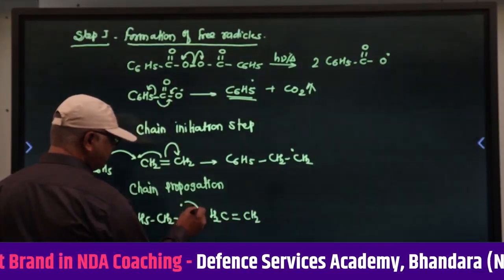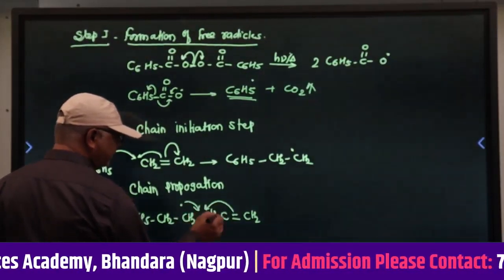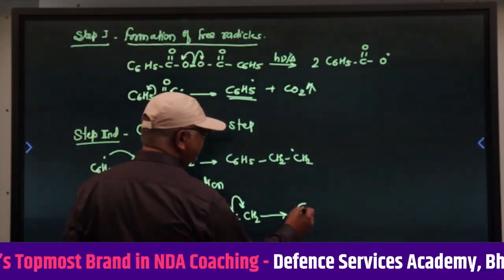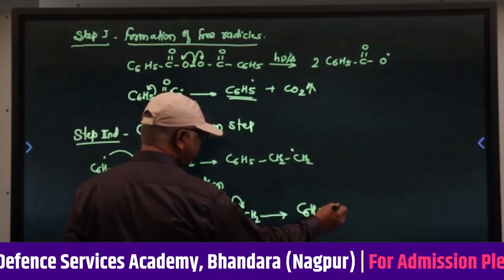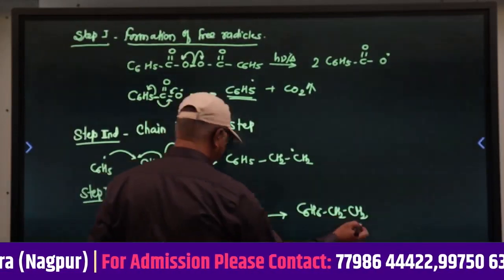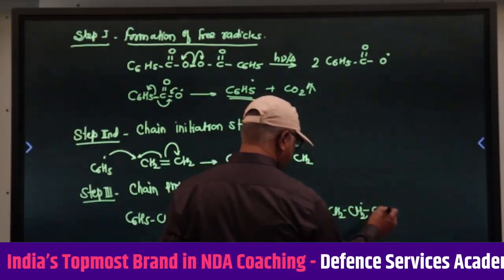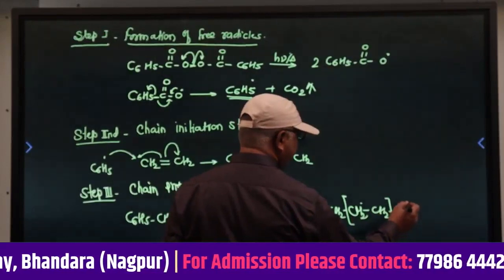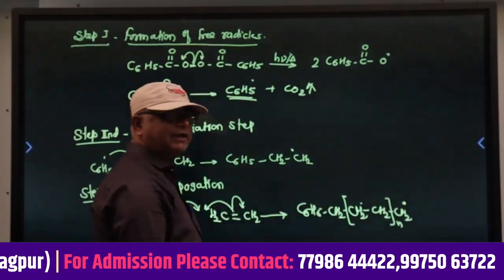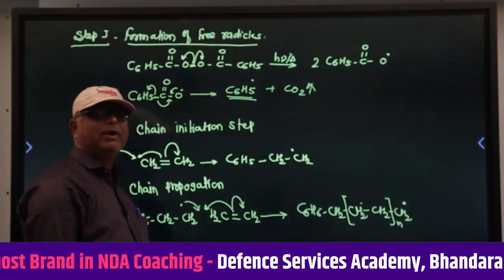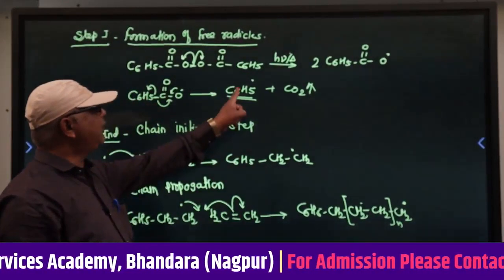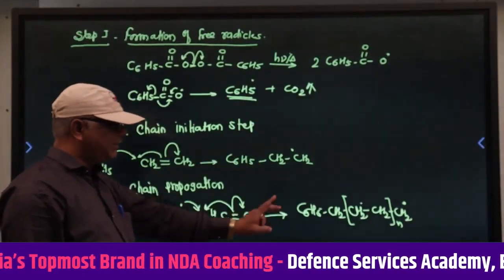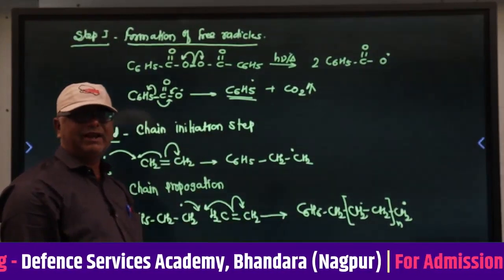So here 1 electron is shared, and 1 electron comes here again, and in this way a long chain of C6H5 CH2, such n number of ethylene molecules are attached. This is called chain propagation step. Here 2 free radicals of C6H5, so such 2 chains are developed.